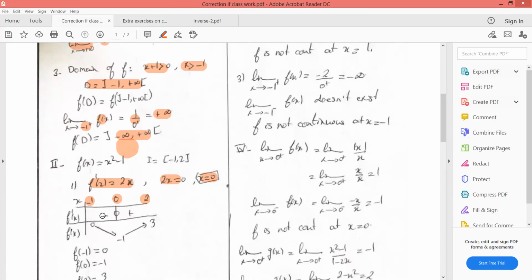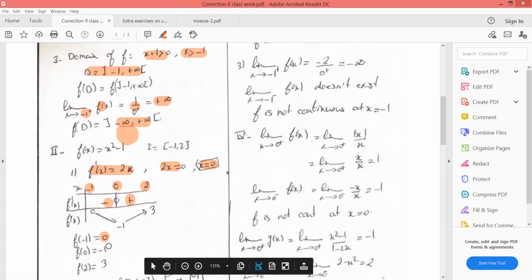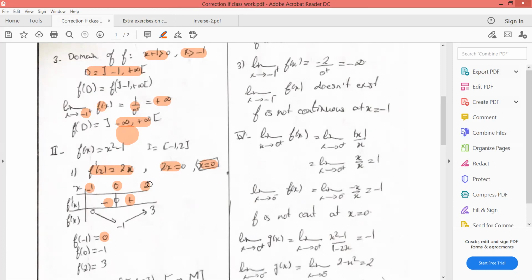Between minus 1 and 0 it is negative, so decreasing. F of 0 is minus 1, and f of 2 is 3. Now, is it monotone between minus 1 and 2? No, the function is not monotone between minus 1 and 2.